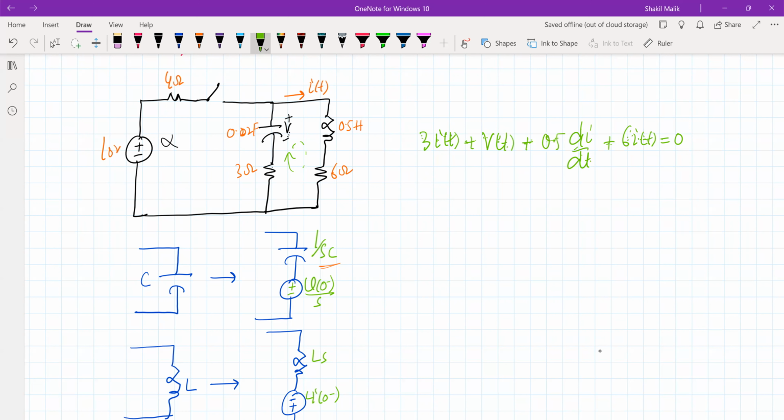Now put t equal to 0. So if you put t equal to 0, we have 3 I of 0 plus v of 0 plus 0.5 di 0 by dt plus 6 times I of 0.